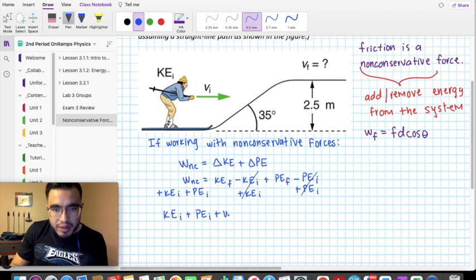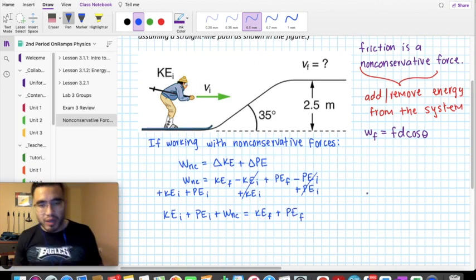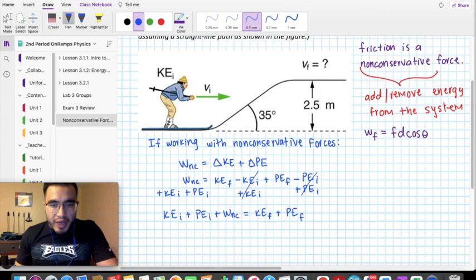Plus work done by non-conservative forces equals kinetic energy final plus potential energy final. Now that we have this equation, the non-conservative force for this problem is friction.